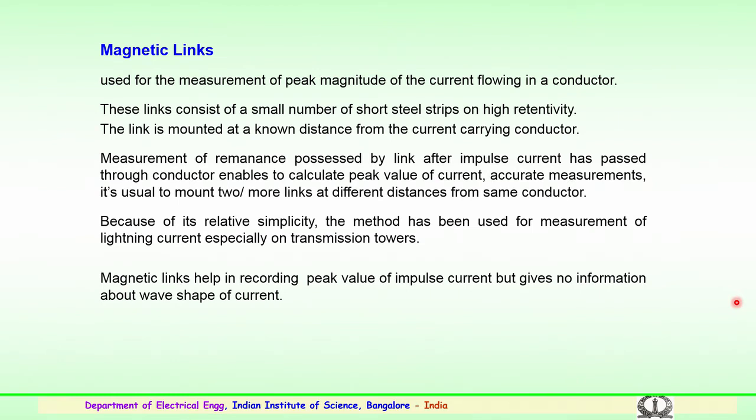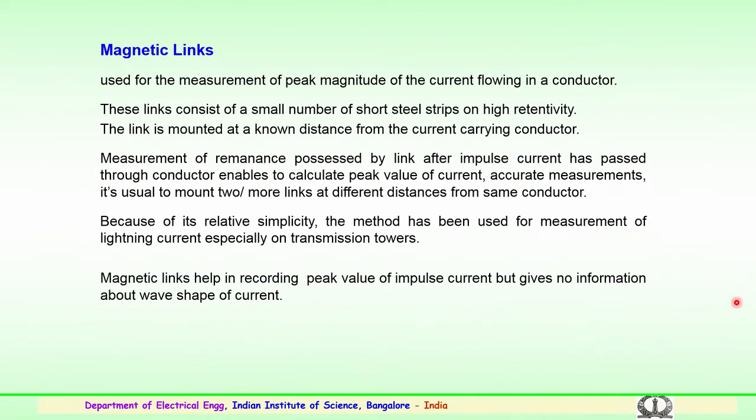Next is the magnetic links. Magnetic link measurement is used for the peak magnitudes of the current flowing in a conductor. These magnetic links consist of a small number of short steel strips of very high retentivity, and the link is generally mounted at a known distance from the current carrying conductor.